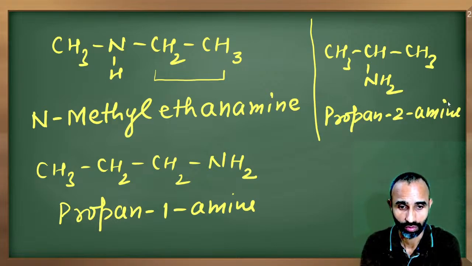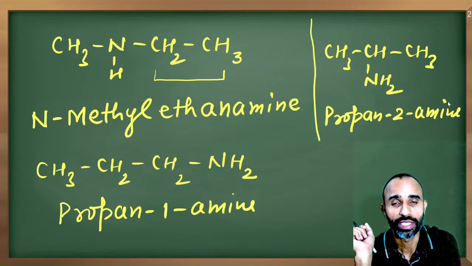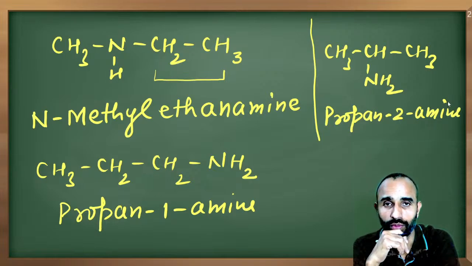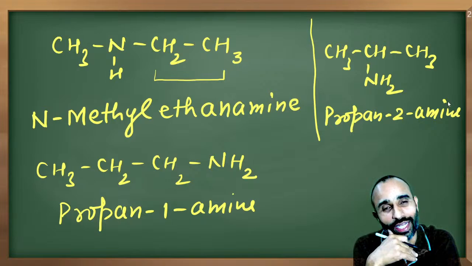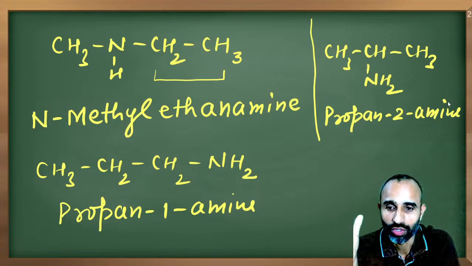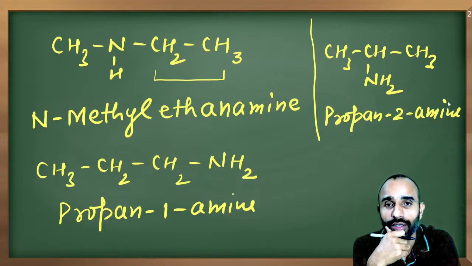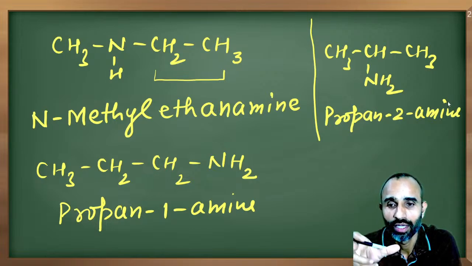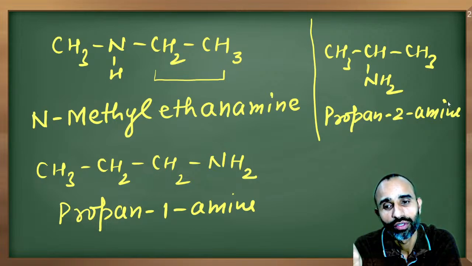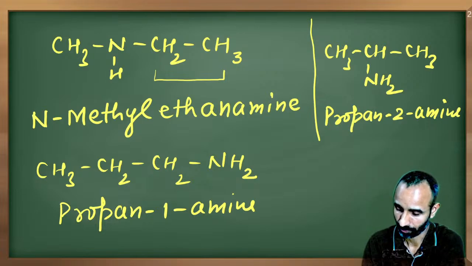In short, both are propanamines because both of them have 3 carbons and one NH2 group. But the position of NH2 is different. So they are actually isomers, structural isomers, and in particular they are position isomers, right?